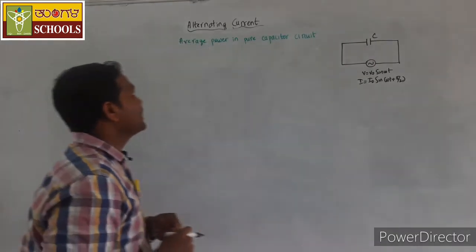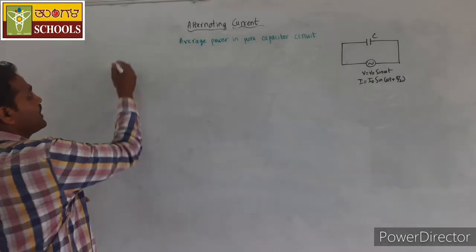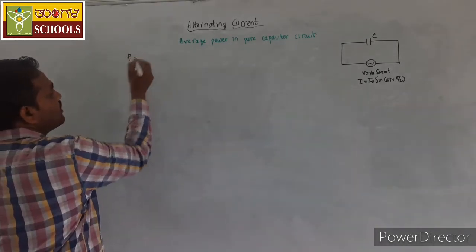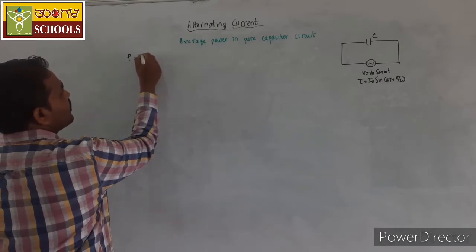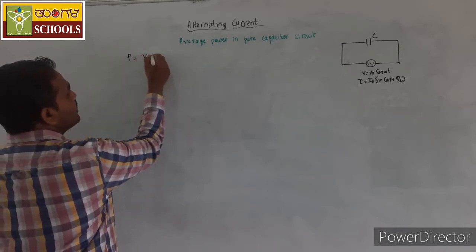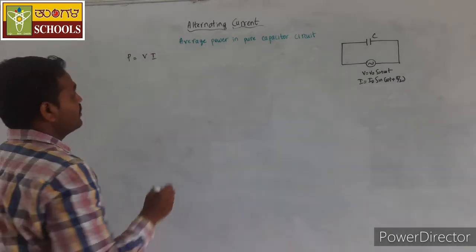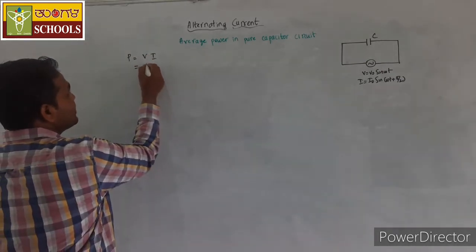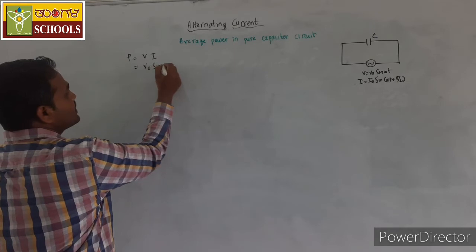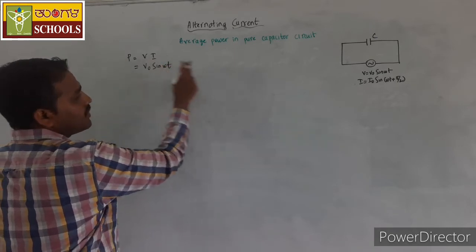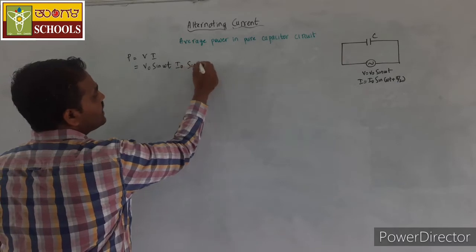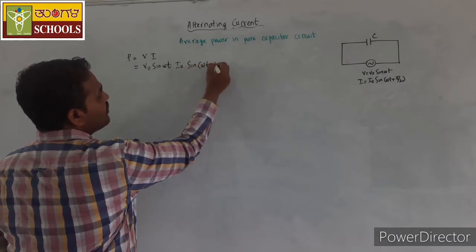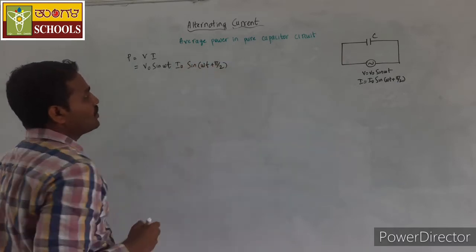The instantaneous power at any time is given by P equal to the product of instantaneous voltage and instantaneous current. So we can write it as V naught sin omega t times the current, I naught sin of omega t plus pi by 2.